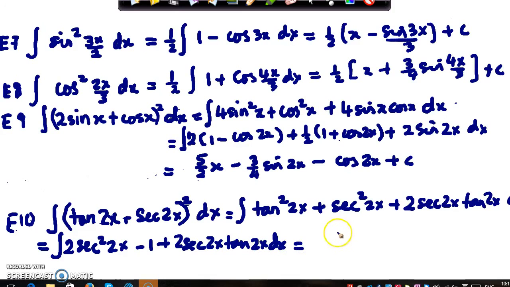Integrating this will give us tangent 2x minus x plus secant 2x plus c.